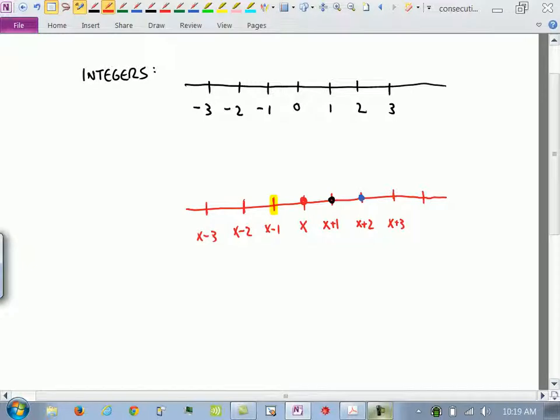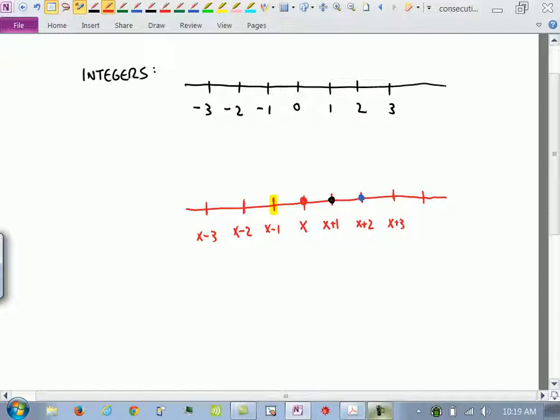You get it? So if I tell you there's some integer, then the next integer would be that plus 1. Agreed? Does that make sense? Those are what are called consecutive integers. They're one after the other, consecutive.